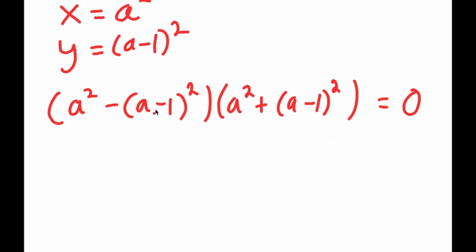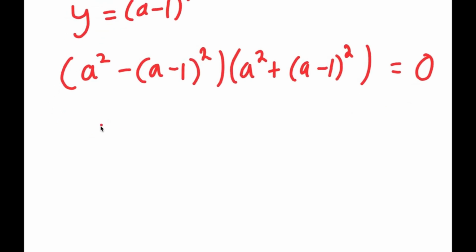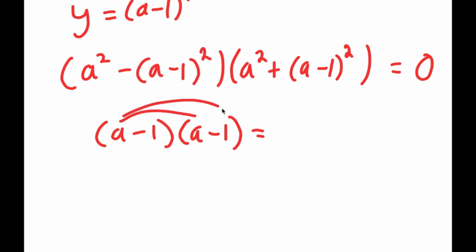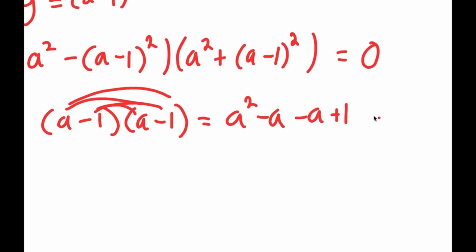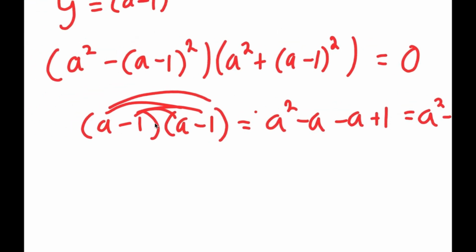Now, we're going to go ahead and expand a minus 1 squared. So a minus 1 squared is the same thing as a minus 1 times a minus 1, which is equal to, I can distribute the a, squared minus a. Now if I distribute the negative 1, minus a plus 1, which is equal to a squared minus 2a plus 1.